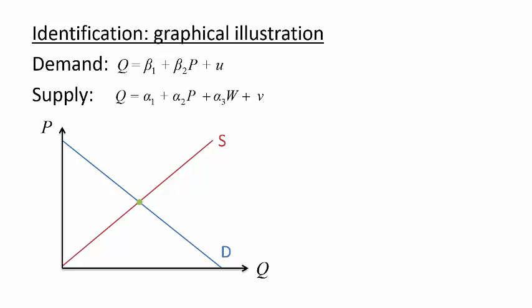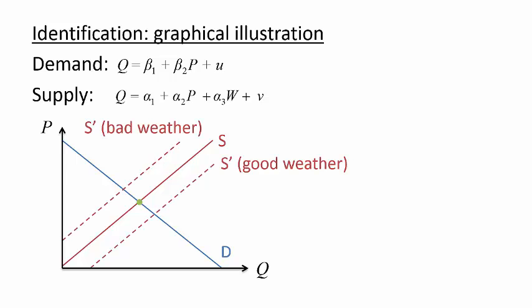In our model, weather affected supply but not demand, so as weather changes, the supply curve will shift, either outward for good weather or inward for bad weather. As the supply curve shifts with weather, we will see new market equilibria. Note that all of these equilibria lie along the demand curve, which is unaffected by weather.